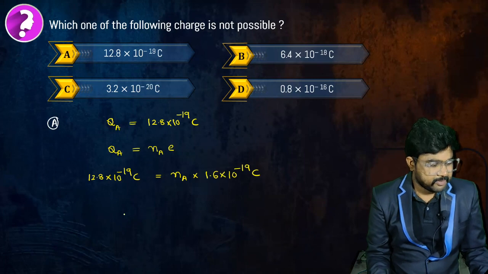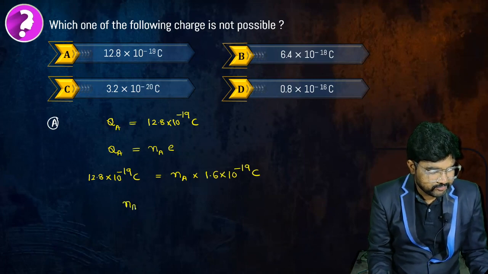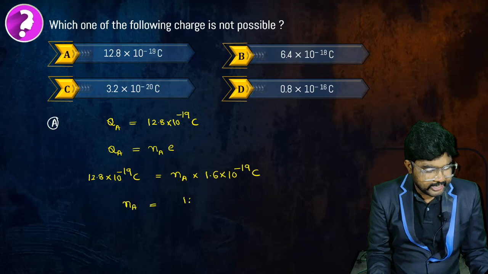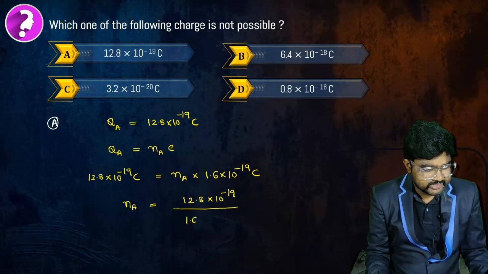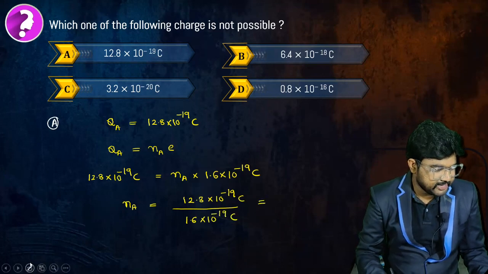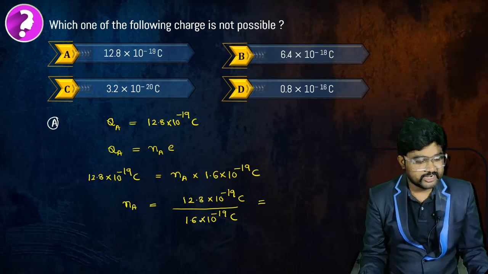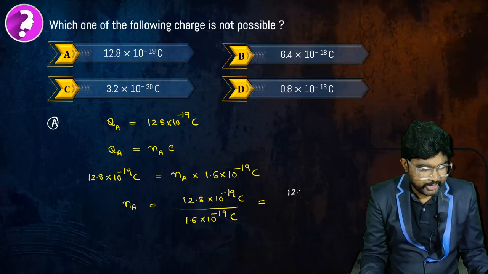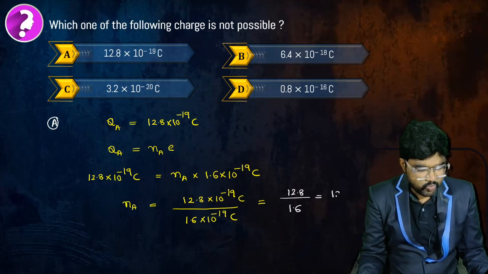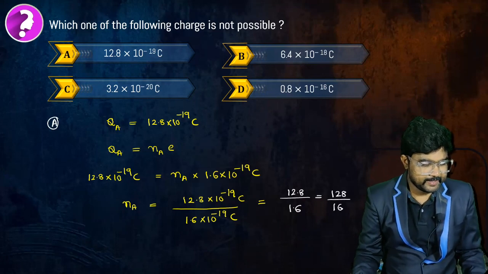Now we can calculate the number of electrons. 12.8 into 10 to the power of minus 19 by 1.6 into 10 to the power of minus 19. The 10 to the power of minus 19 terms cancel out. Finally, 12.8 by 1.6, which I can write as 128 by 16. So how much will you get?